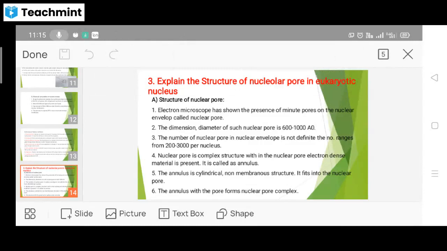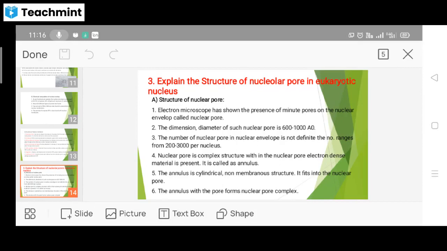The number of nuclear pores in the nuclear envelope is not definite. It changes according to the size. Mostly there are about 200 to 300 pores per nucleus.